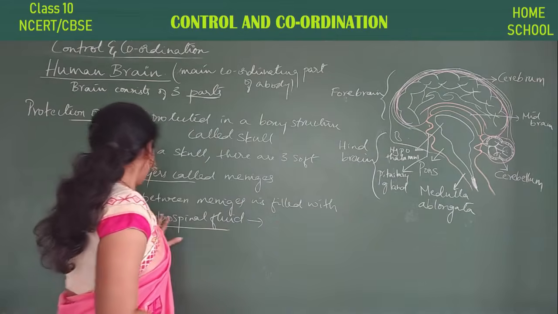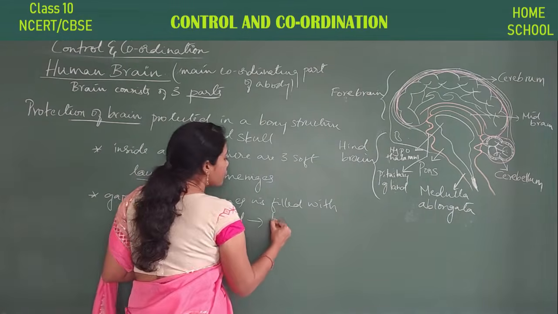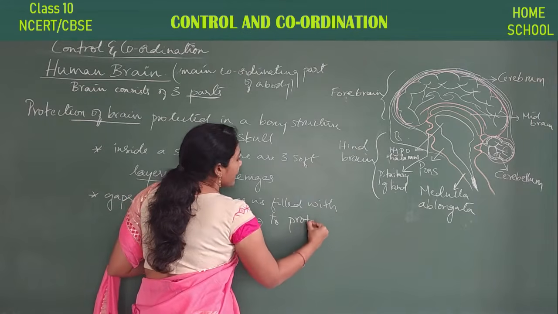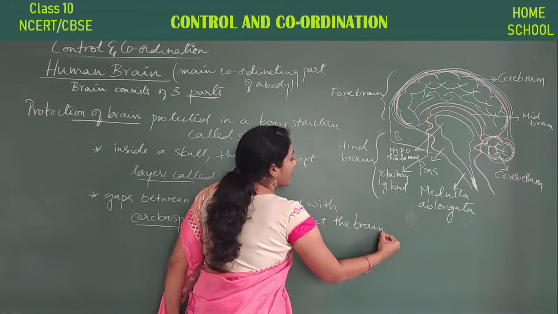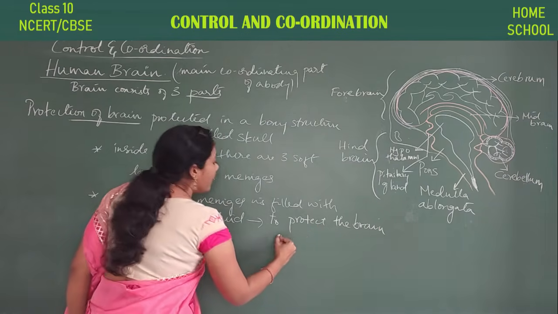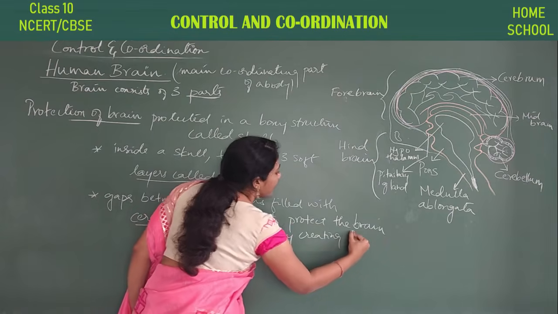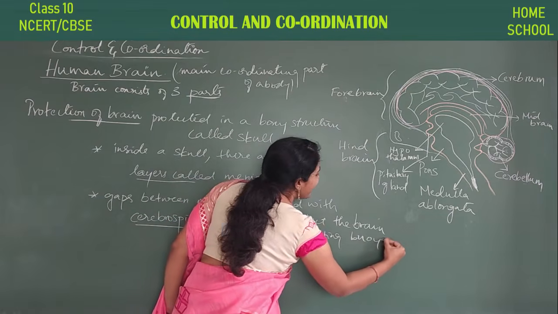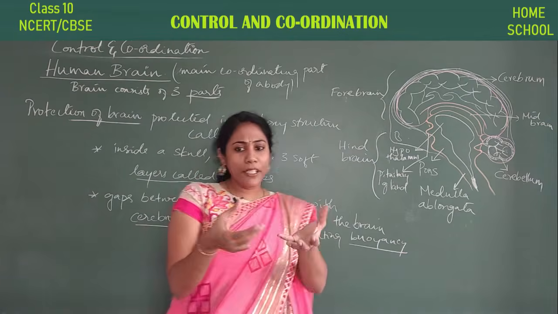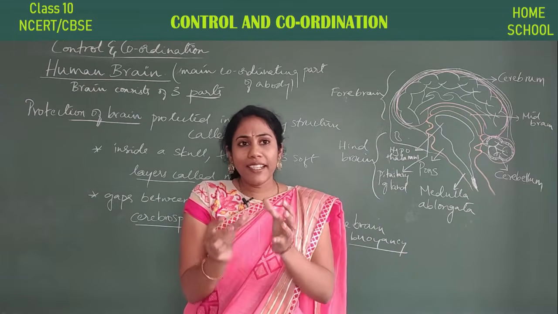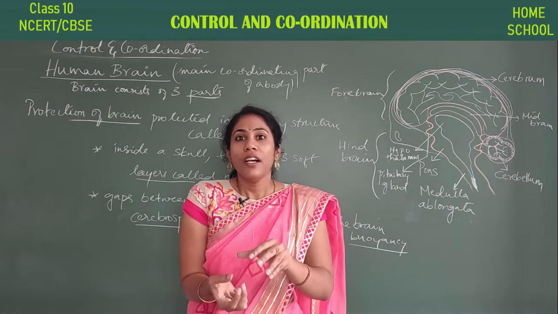Okay. So the duty of this cerebrospinal fluid is to protect the brain, by creating buoyancy. Buoyancy is a property of a fluid, isn't it? Say for example, you take a glass of water, and you dip an egg or a ball.